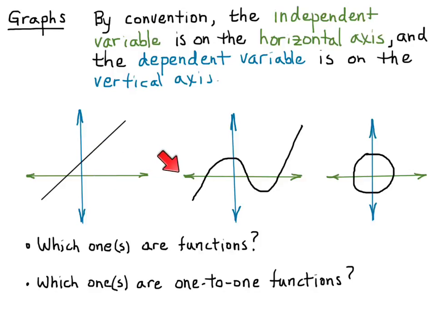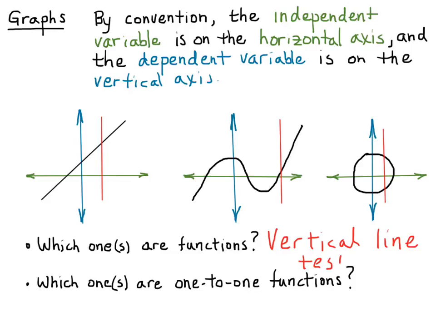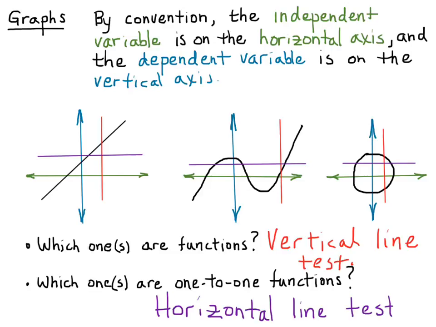Now this one, if I look at y equals 0, I have three different x values that correspond with that. And certainly it doesn't make sense to talk about a one-to-one function with a relationship that's not a function to begin with. So what we're going to use is the vertical line test to tell you if you have functions, and then the horizontal line test to determine if it's a one-to-one function.